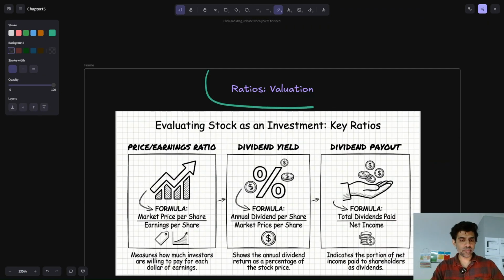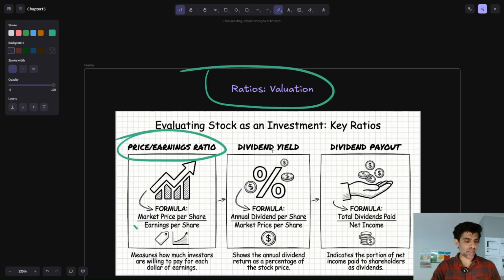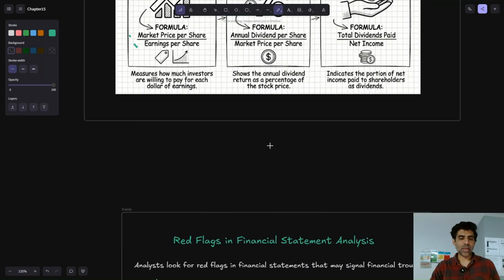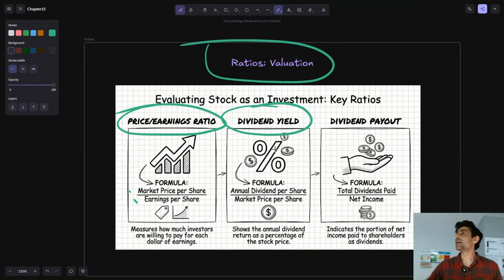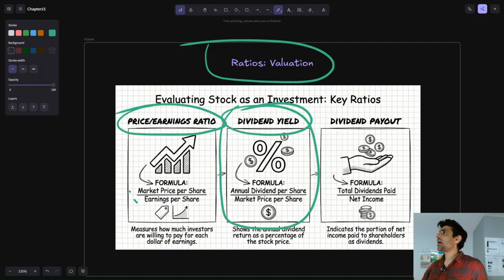And then valuation. So price to earnings ratio is going to be related to the market price per share, and the dividend yield. Now, for bonds we had that discounting of cash flows to get the bond price. You could do that if you knew how much dividend income you're getting per quarter or per year, and you can do a similar analysis.